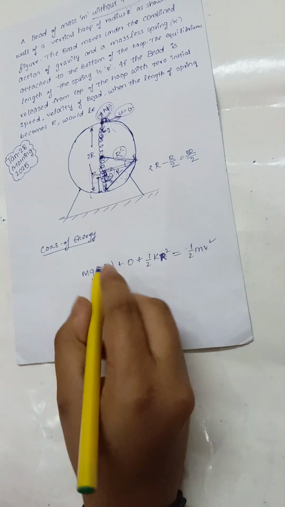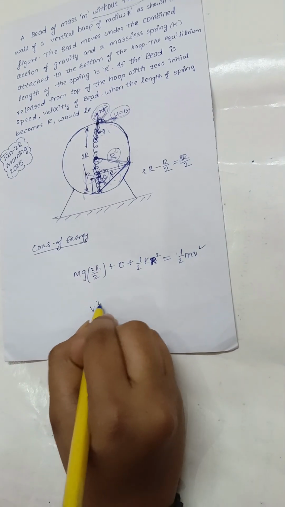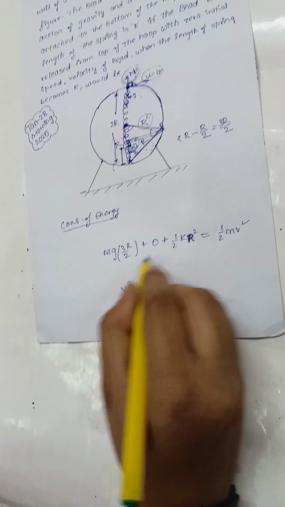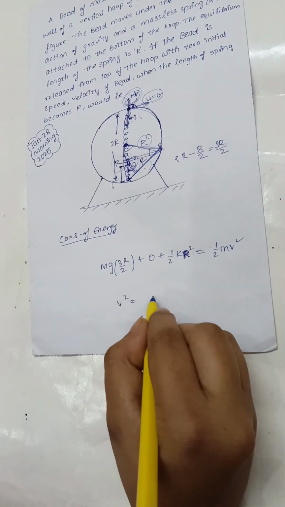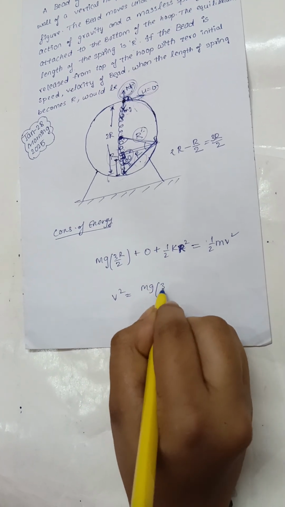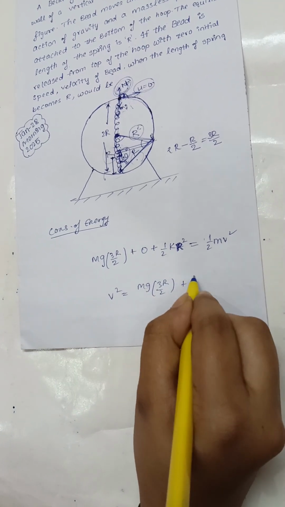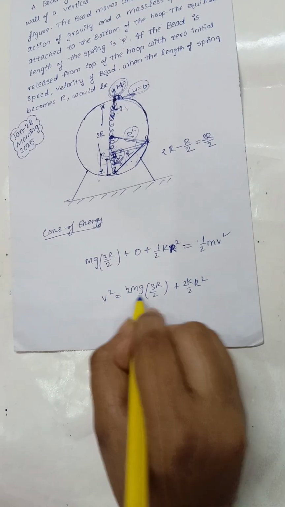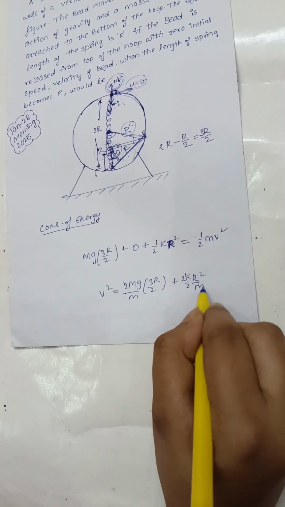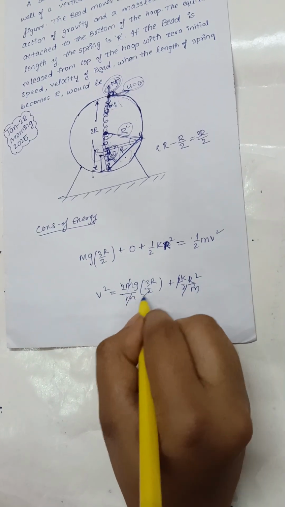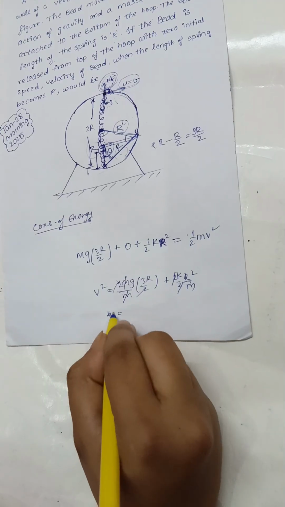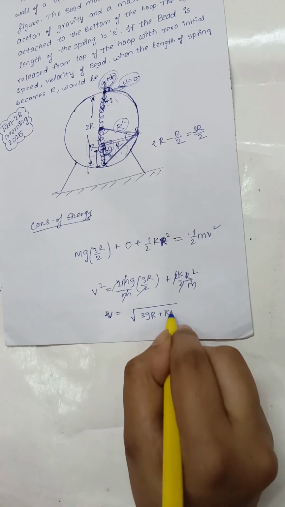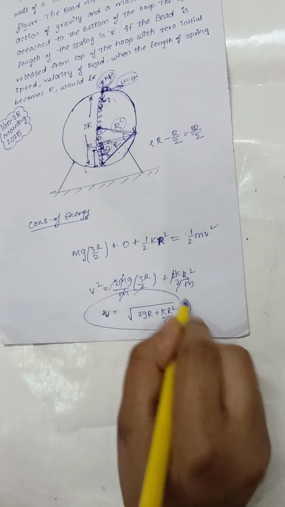Now by solving this, v square is equal to mg into 3r by 2 plus k by 2 r square, into 2 by m. So v is equal to root of 3gr plus k r square by m. This was the final answer.